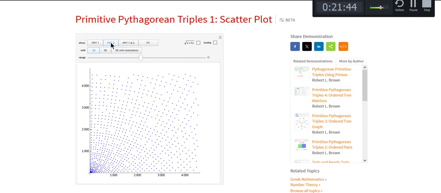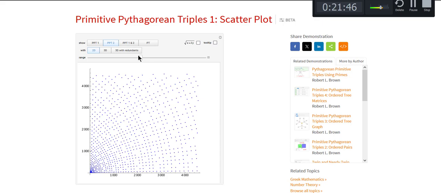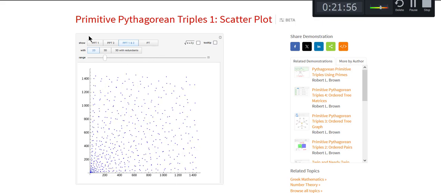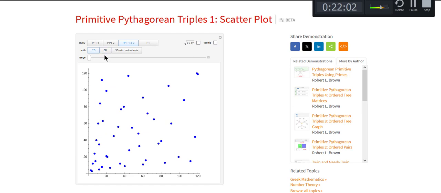You can superimpose them on top of each other, and when you do this, you get some kind of interesting looking patterns on Pythagorean triples. It's pretty fascinating to look at these things. The one that I had put in your notes is something kind of like this.